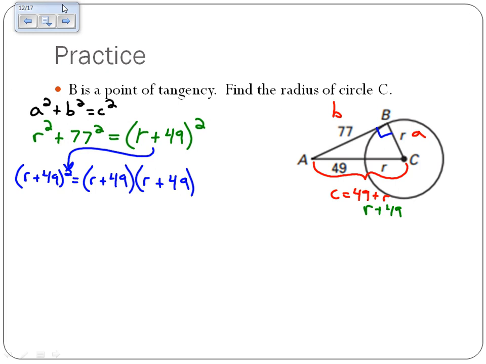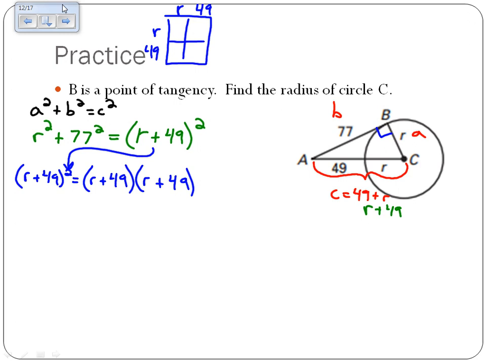So now at this point we have two options. We can either FOIL or you can use the box method. The box method, just to reiterate, is where you set up your box. You do R, 49, R, 49, and then you multiply into your box. We're going to do FOIL.